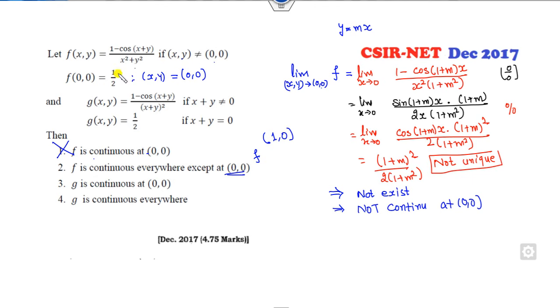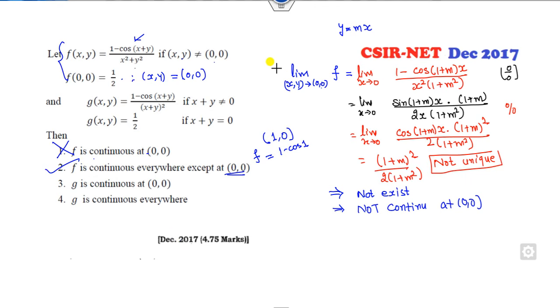So what is the value at 1, 0? I can substitute it: 1 minus cos 1 over 1. Fine. So clearly this is a continuous function. So this function is not continuous at origin, while all others are continuous.